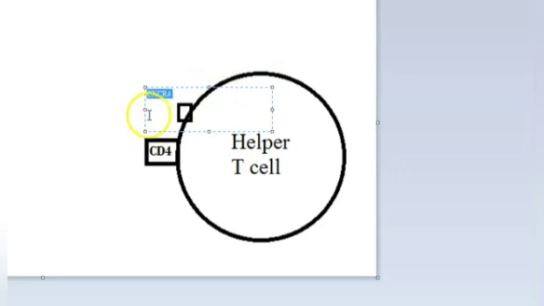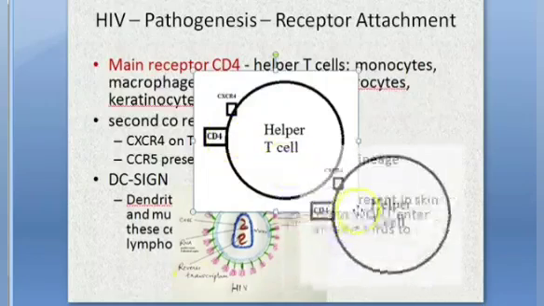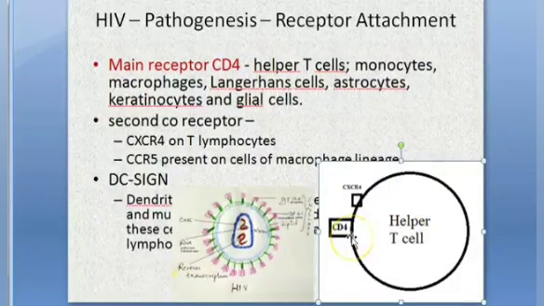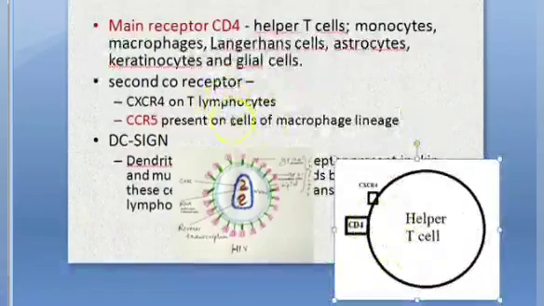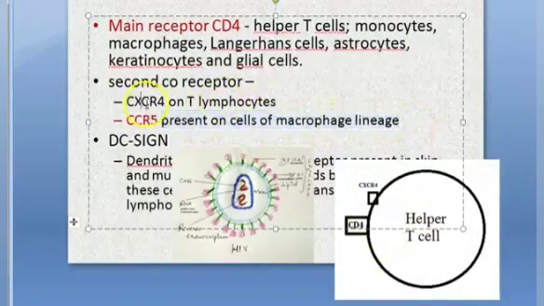That is going to be our secondary receptor. So remember, CD4 is the primary, the main receptor. Then CXCR4 is the secondary co-receptor on T lymphocytes. And CCR5 is present on cells of macrophage lineage, okay? So this much you understood, right?